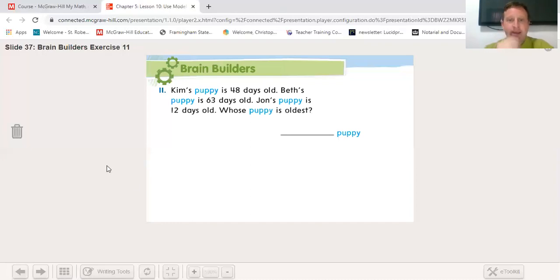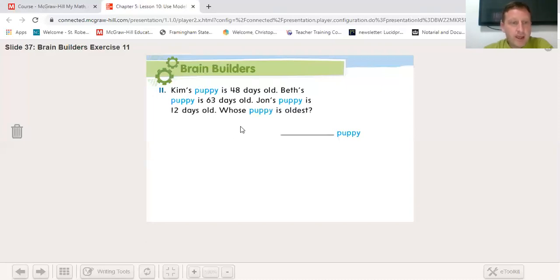The next one, this is an example. It's not exactly the same in your book. It's a little bit different in your book for question 11. Kim's puppy is 48 days old. Beth's puppy is 63 days old. John's puppy is 12 days old. Whose puppy is oldest?